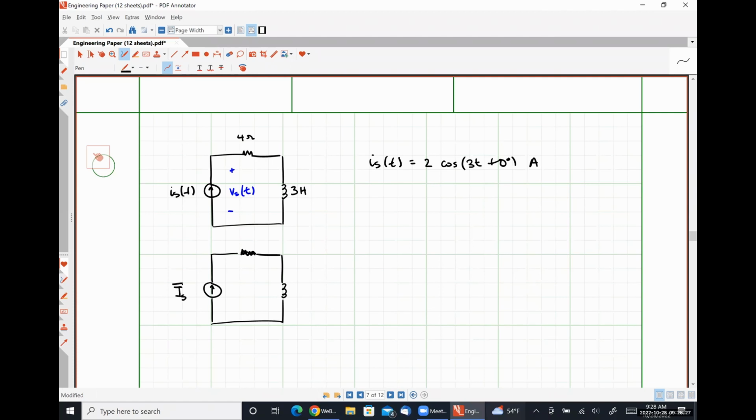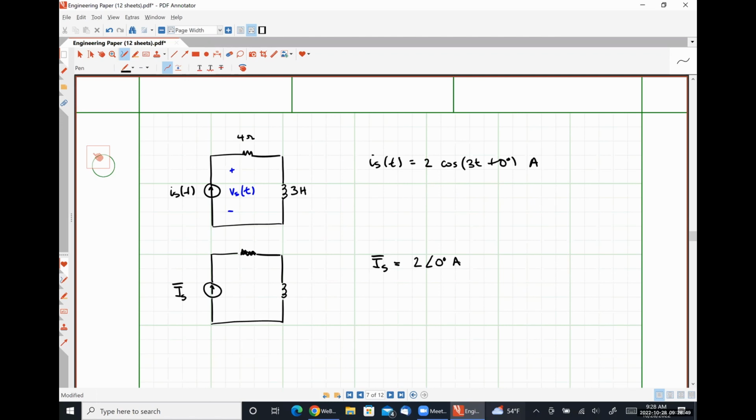I'm going to represent my current IS as a phasor current IS, where IS is going to be equal to what? So how do I get the phasor representation of my current here? 2 angle 0 degrees. Thank you, Zachary.